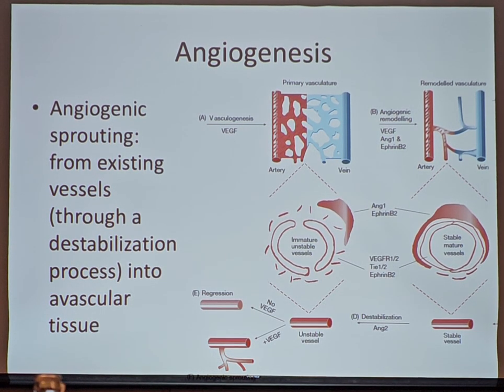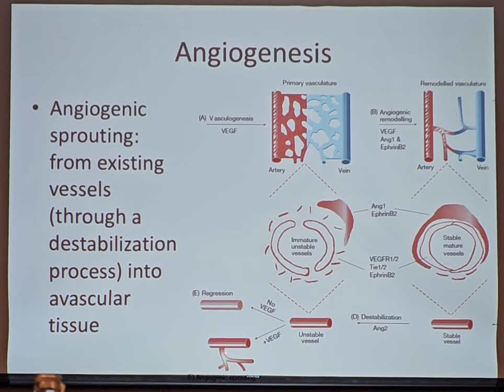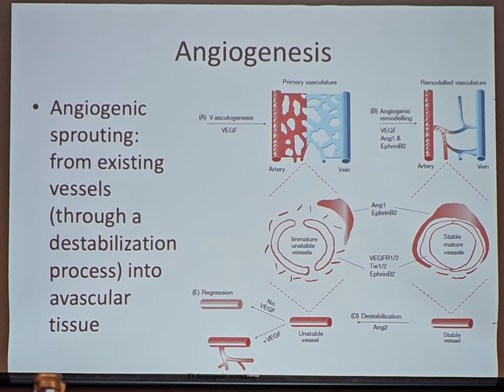So postnatal angiogenesis means that your remodeled vasculature has to go through a certain destabilization process. The destabilization process, again angiopoietin 2, makes the vessel unstable. And then this vessel has two potential fates. In the presence of VEGF, it will lead to angiogenic sprouting, i.e. new vessels will form and go into avascular tissue.